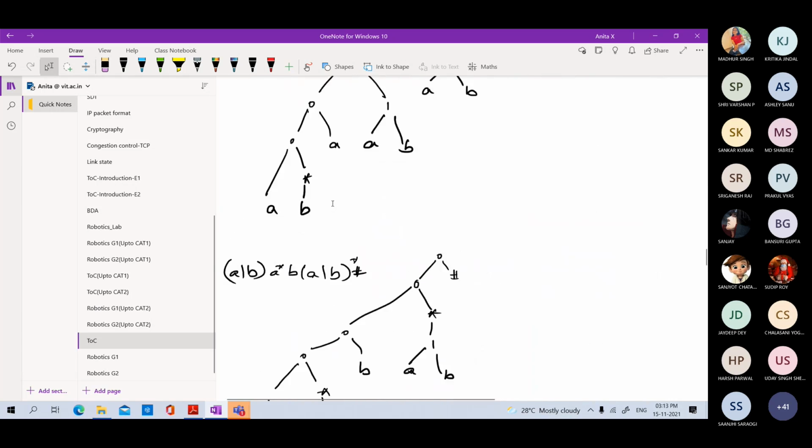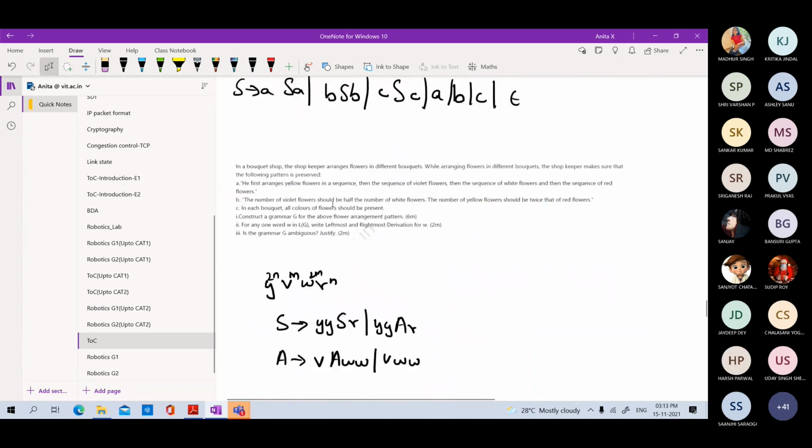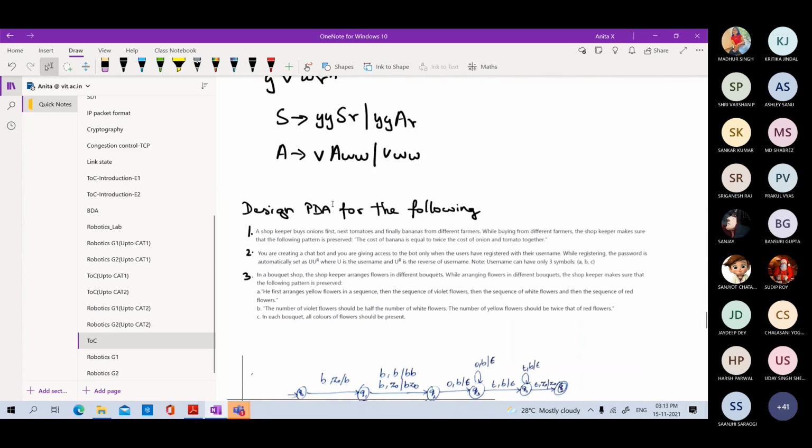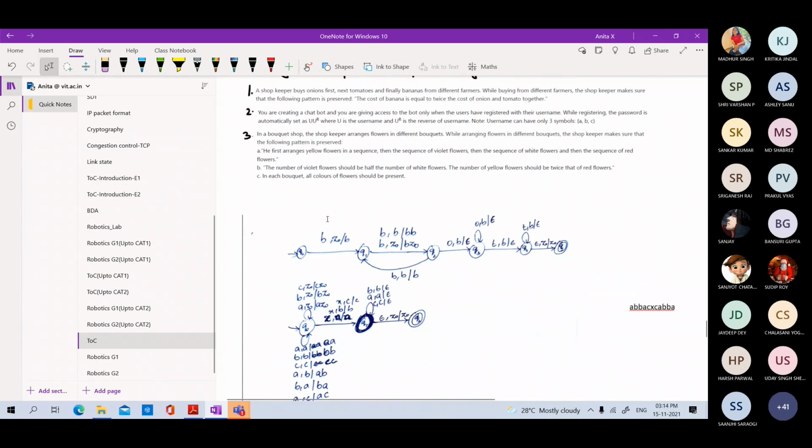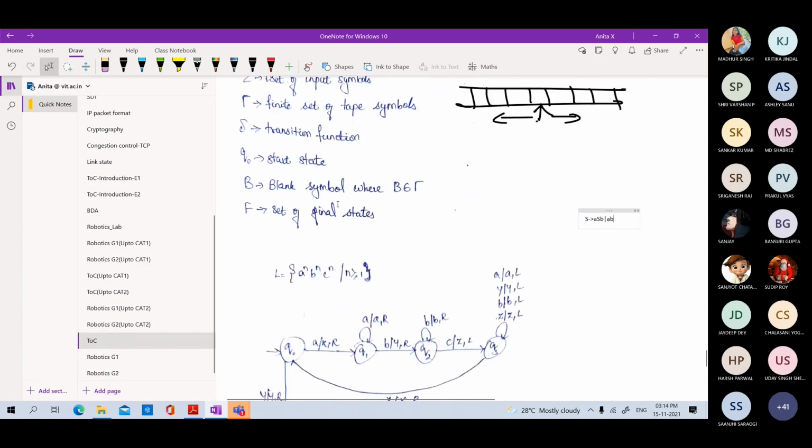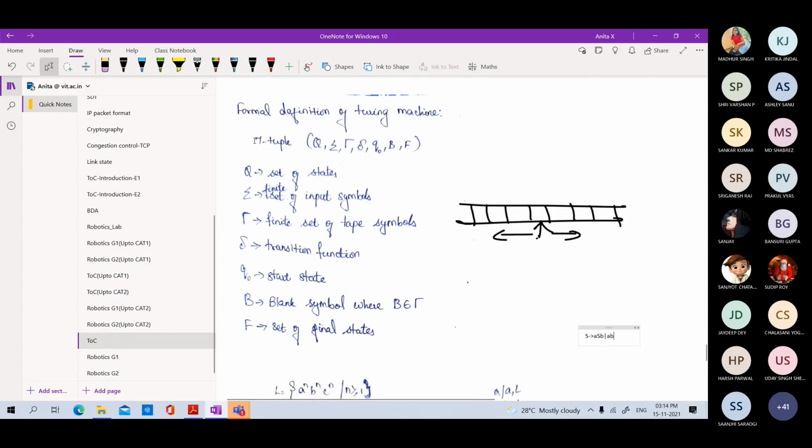Similarly, here we are talking of tau, which is the tape symbol. In addition to the input symbol sigma, I will have some other symbols. So here these are the 7 tuples. Q is the set of states, and tau represents the finite set of tape symbols.